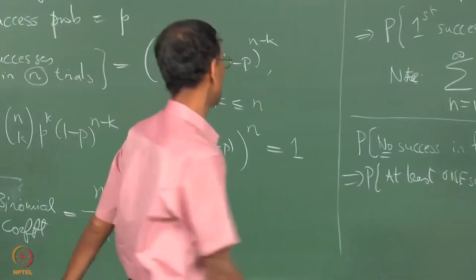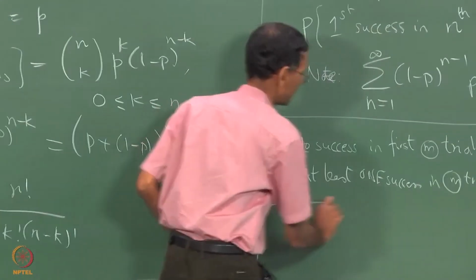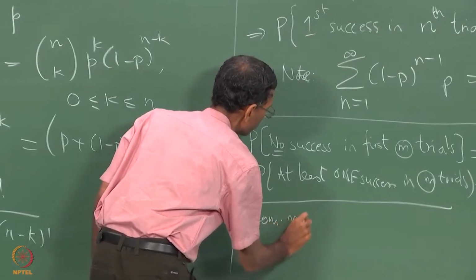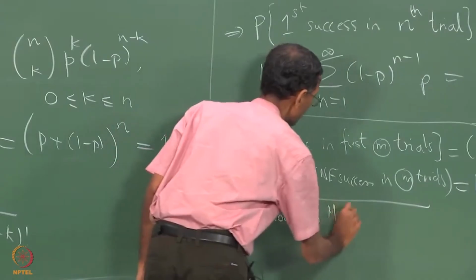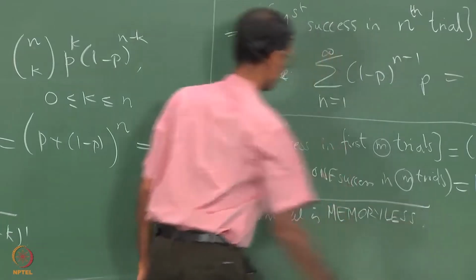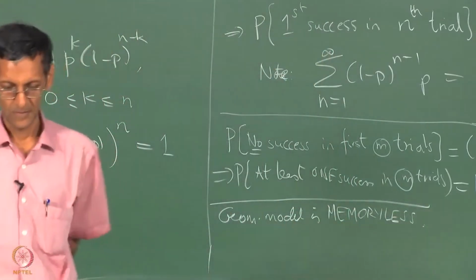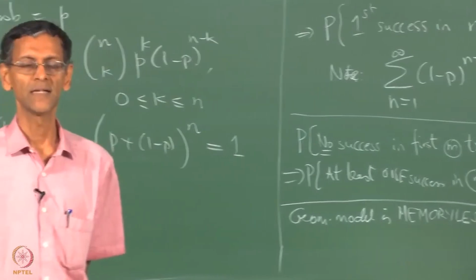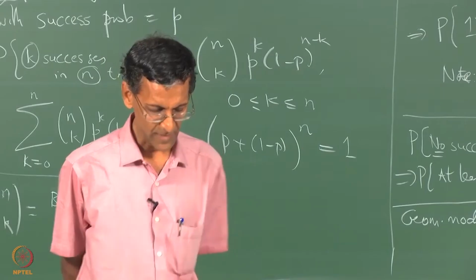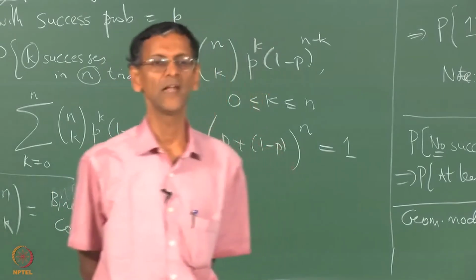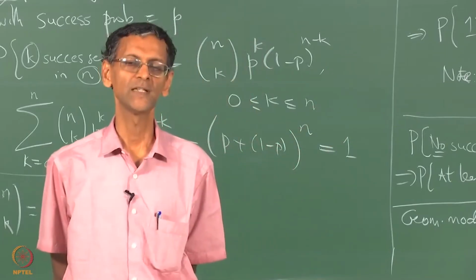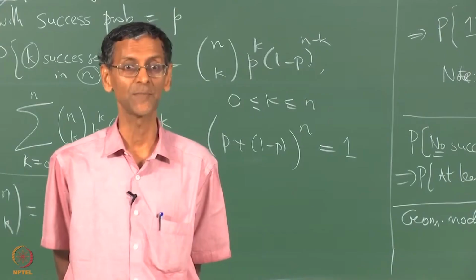Okay. Anyway, but the memoryless property of the geometric model, let us come back to that. What do we mean by this term memoryless here? That is, you do not care. Supposing you say that there have been m minus 1 failures. Given the information that there have been m minus 1 failures, what is the probability of success in the mth trial?